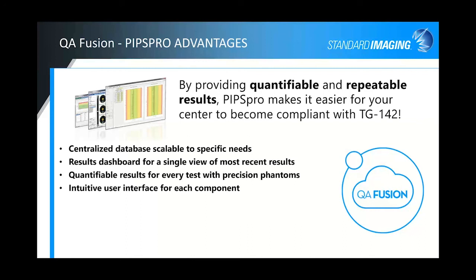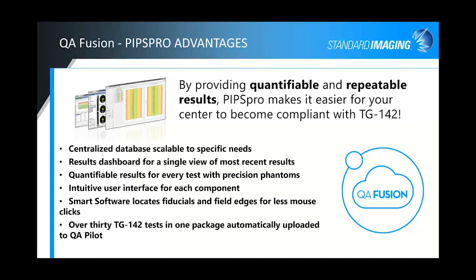It has the built-in memory of where those directories are stored, so when you want to bring in the test results or the image results, you can do that very quickly, and the tests will automatically be calculated. It typically locates all the necessary targets, fiducials, and the field edge for fewer mouse clicks, but also for automated results. And like I mentioned, there are over 30 TG142 tests in this single package, and they can automatically be uploaded to our QA Pilot software.